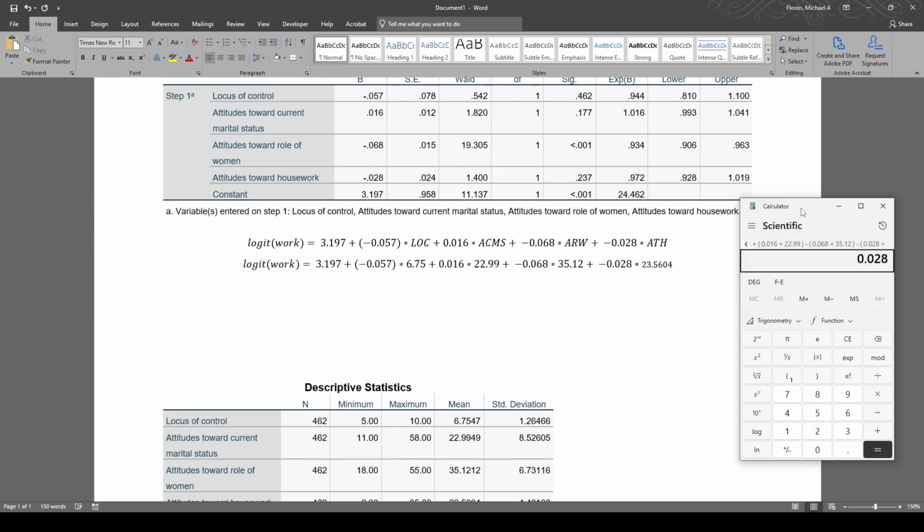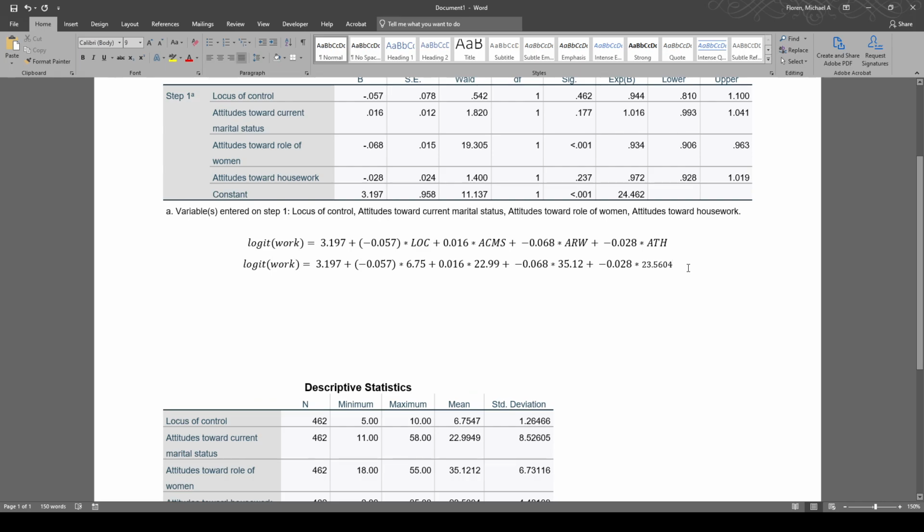Oh, can I do a backspace? Oh, crap. Oh, yeah, that works great. 23.5604. That would have been awkward. Okay, close parentheses. All right, enter. So this is not my probability. This is my logit.